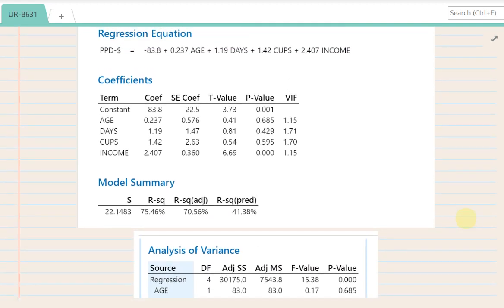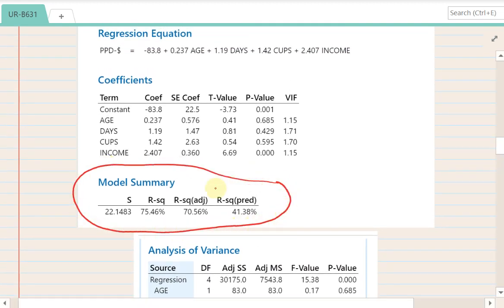Now, here the model summary. So I'm looking at this segment now. In our model summary, R squared, we know what that is, right? Coefficient of determination. Remember, R squared must be 70% or higher to have an adequate predictive model. So the R squared here is about 75%.